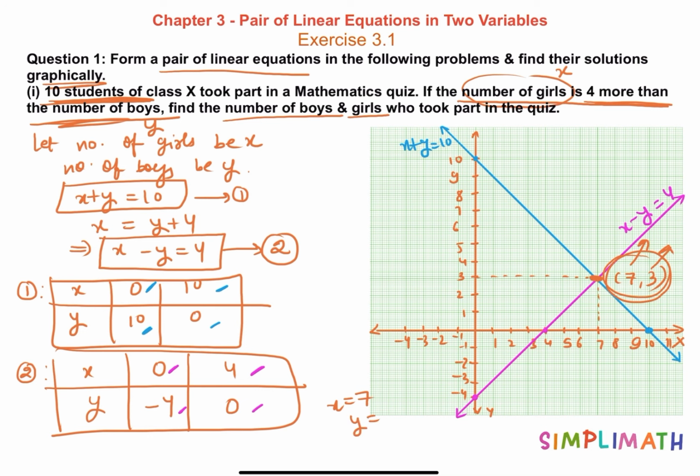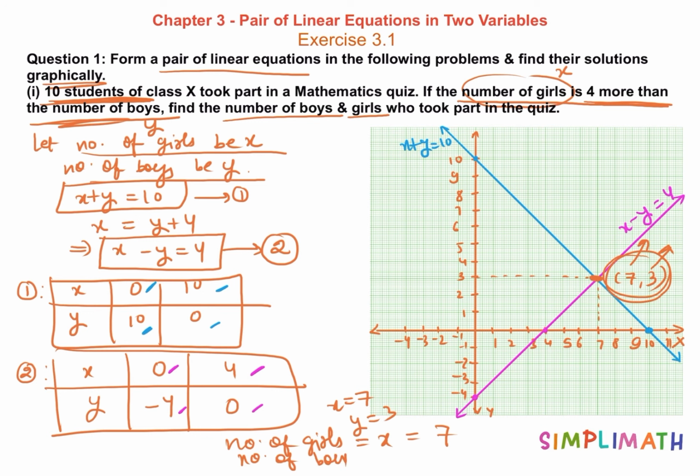Y coordinate is 3. Now we know that initially we assumed number of girls to be x and number of boys to be y. So we can say that the number of girls, which is equal to x, is 7, and the number of boys, which is equal to y, is 3.